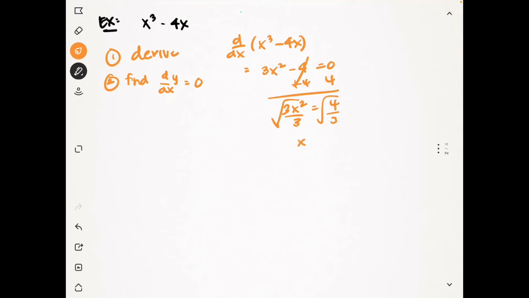So x is going to be equal to positive or negative square root of 4/3. And just for our reference, that's going to be equal to positive and negative 1.155.